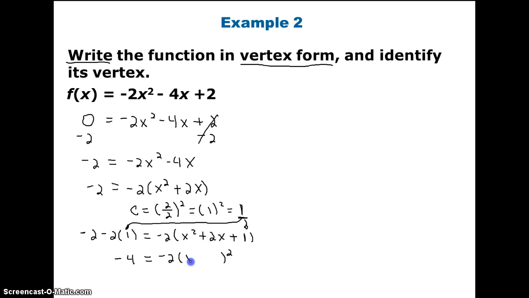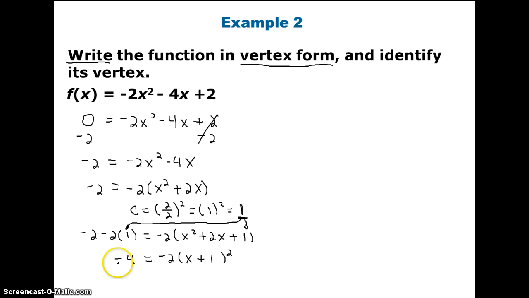So you keep the variable and you write down the number before you square it. If this number is negative, you put minus the number. But right now it's positive, x plus 1. And remember, we're not solving, so we are not going to use the square root. We want to write it in vertex form.